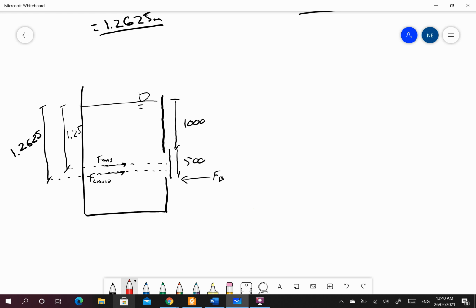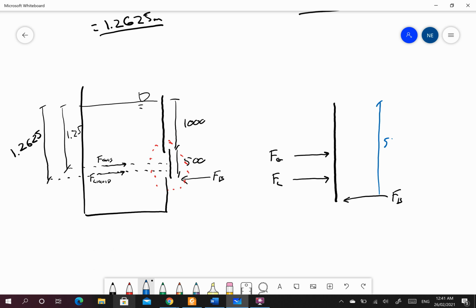So what I'm going to do is take this section here and make it a bit bigger. All we're going to look at is the gate. It's a free body diagram of the gate. So here, here, here: FB, F liquid, F gas. Let's draw with blue. This here is sitting at 500.